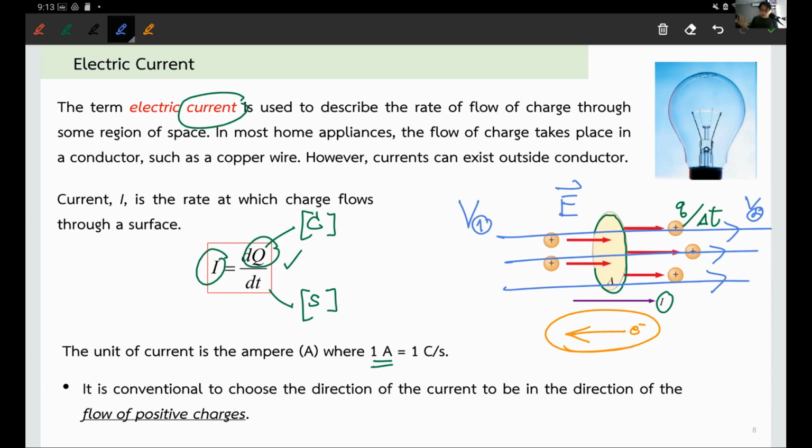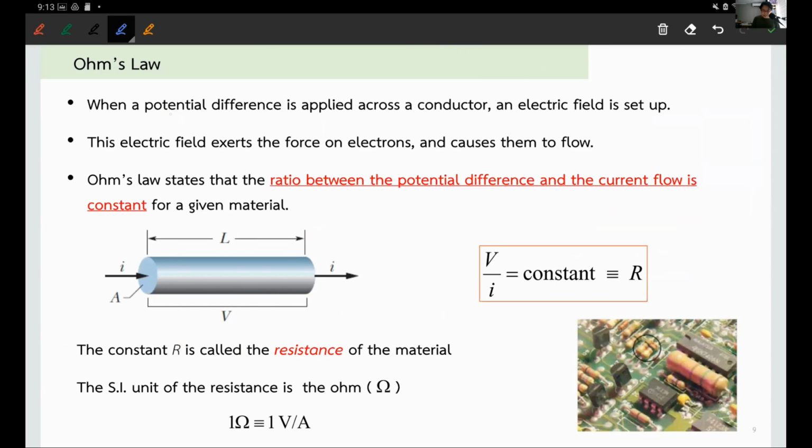So no doubt, you have to generate a potential difference to generate the flow.